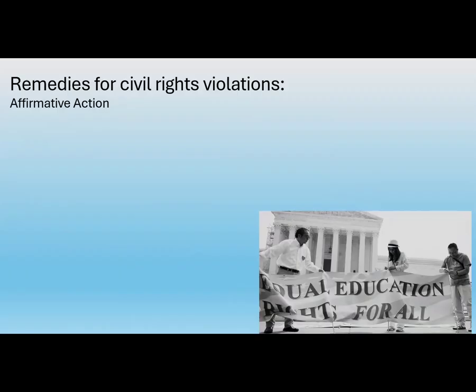The last thing I wanted to go over is one particular remedy for violations of equal protection. The textbook discusses a few of those remedies and also whether they were successful or not. I'm just going to focus on affirmative action. After Brown versus Board of Education was decided, the Supreme Court had to leave the implementation of that ruling up to local authorities.